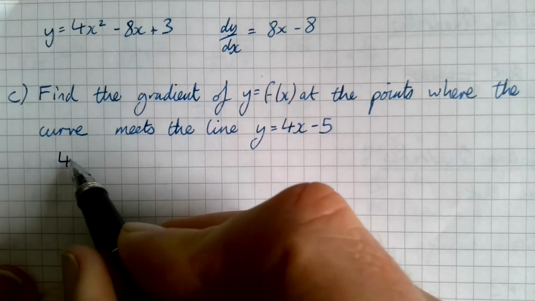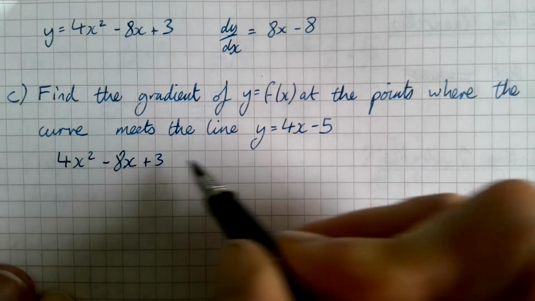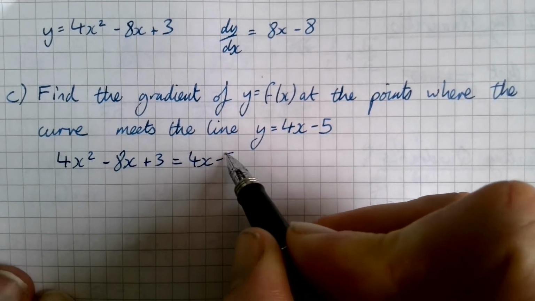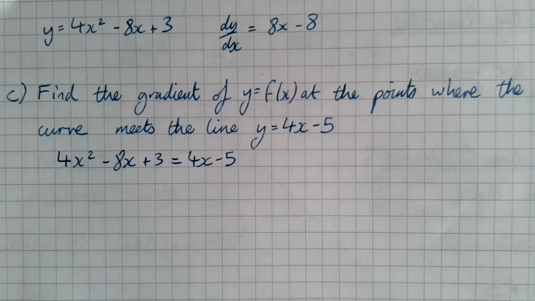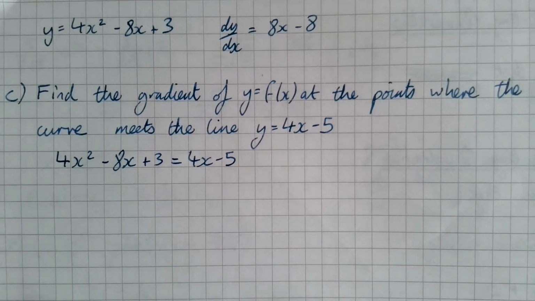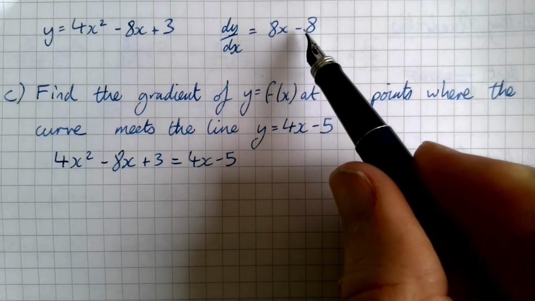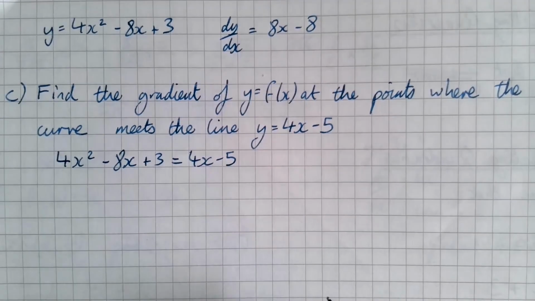So we've got 4x squared take 8x plus 3 is going to be equal to 4x minus 5. When we've solved this, we'll have a couple of values of x, the two places where the straight line crosses the curve, and we can find out what the gradient was by putting that into 8x minus 8, because that's our gradient function.